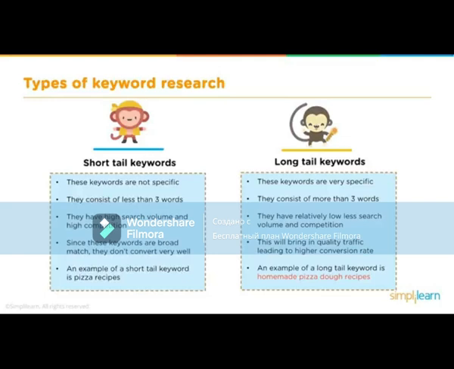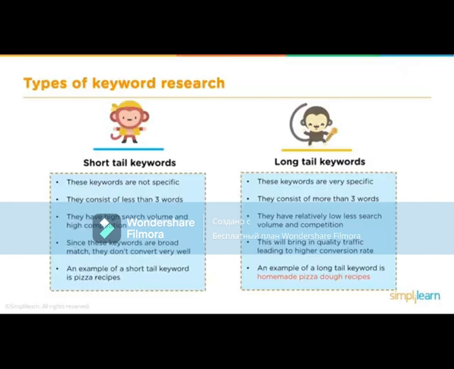If somebody's looking for that type of pizza recipe, then you know you're going to attract the right traffic and chances are that traffic is going to engage or convert based on the type of conversion you have in place. An example would be homemade pizza dough recipes. That'd be another example. More than 3 keywords in the phrase, very specific. We're talking about homemade pizza dough recipes, so we're not talking about just pizza recipes.